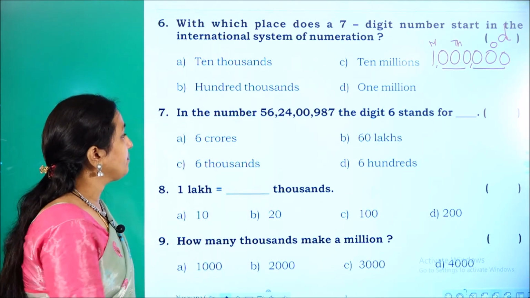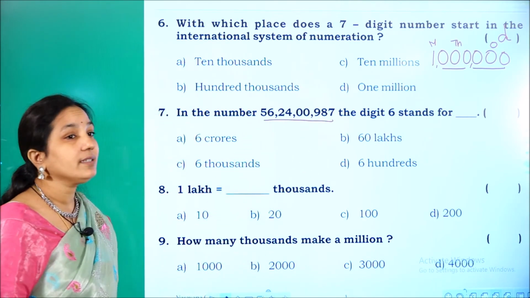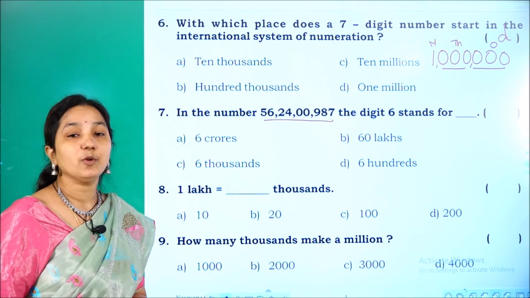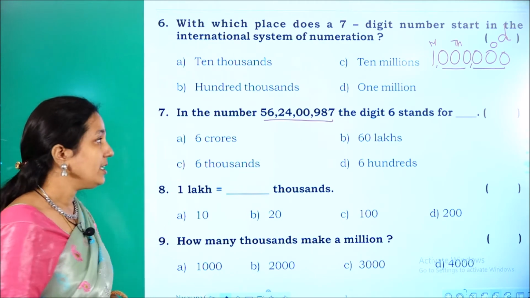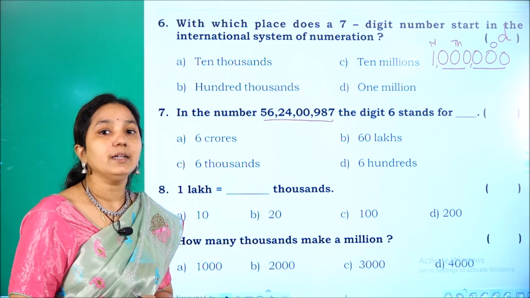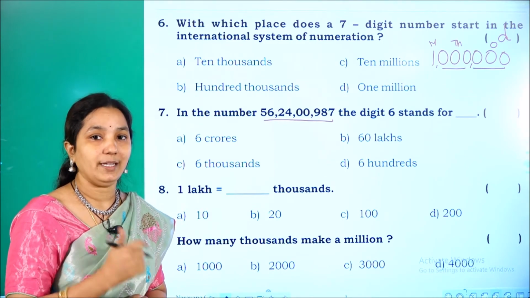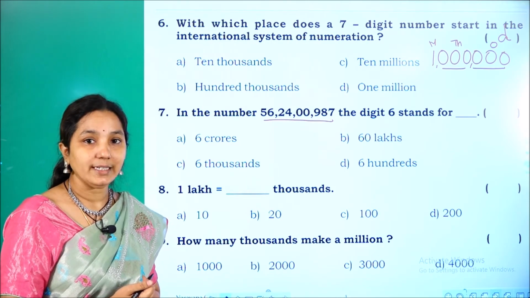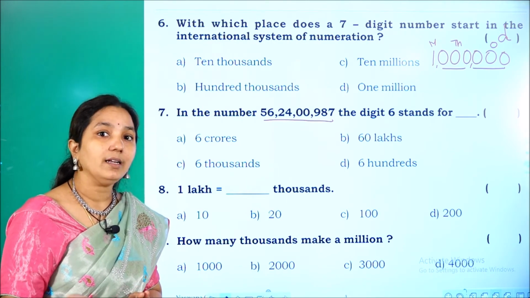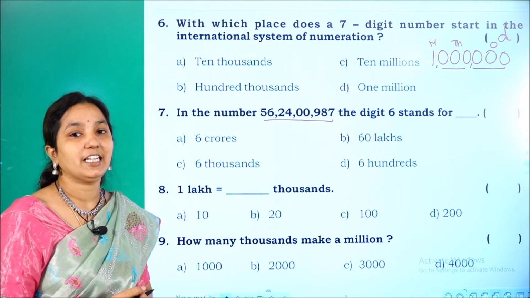What is the given number? What type of number is given? Does it belong to the Indian system or the international place value system? We can identify easily: in the Indian system, except the ones period, all remaining periods have 2 places. In the international system, all periods consist of 3 places.